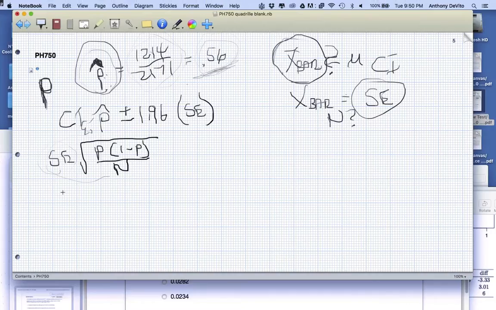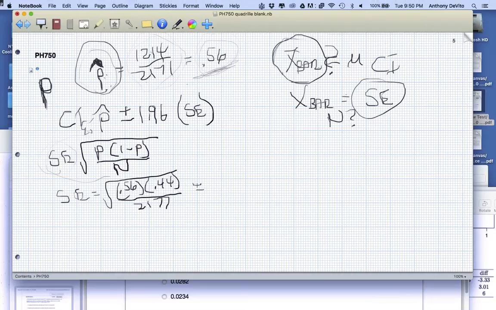So what's this going to be equal to? The standard error is going to be equal to the square root of p, which is 0.56, times 0.44, 1 minus p, over the sample size, which was 2177.